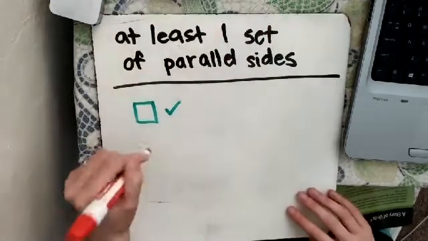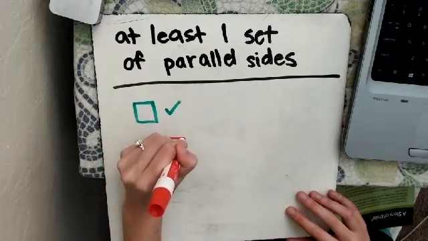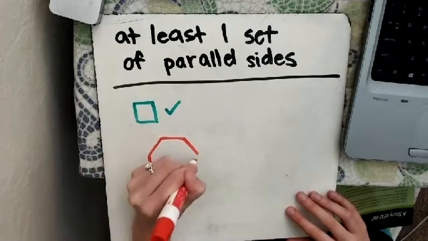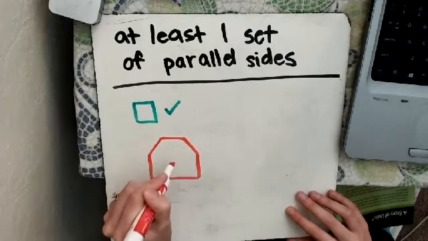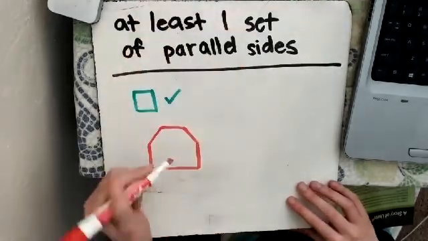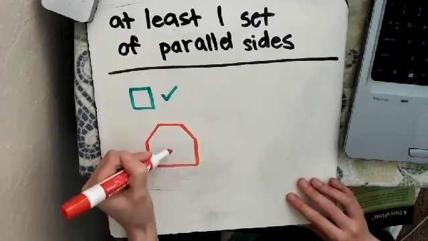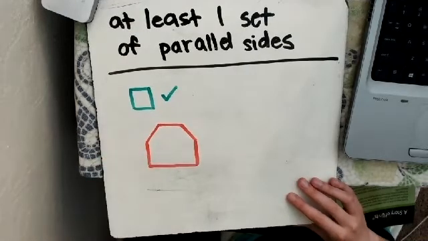What about this? Now here's a hint. This shape is one of the ones in the problem set today, so pay careful attention. Does this one have at least one set of parallel sides? Yes.